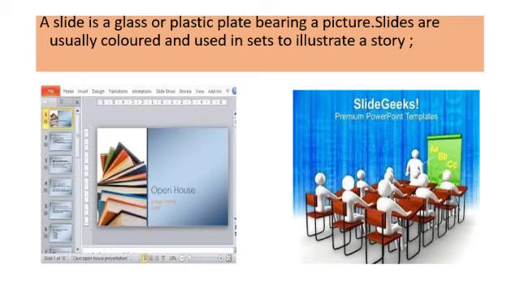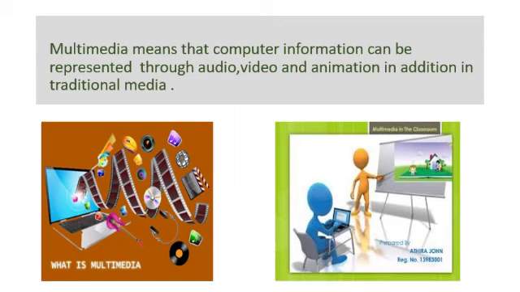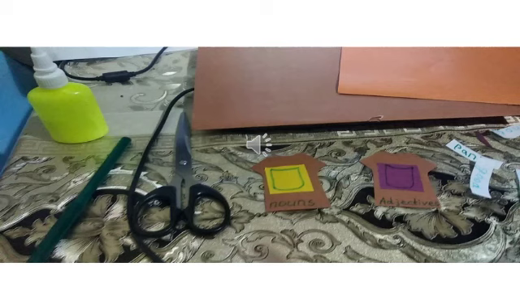Slides are usually colored and used in sets to illustrate a story. The teacher can utilize slides for developing hearing and speaking skills. Multimedia means that computer information can be represented through audio, video, and animation in addition to traditional media. And the teacher can use many types of visual aids.